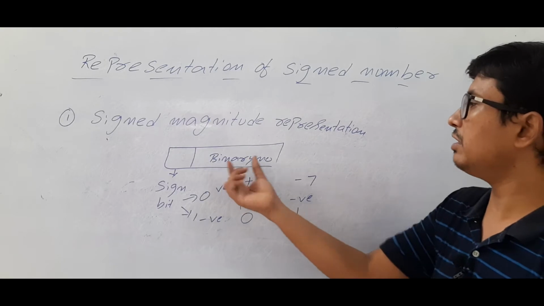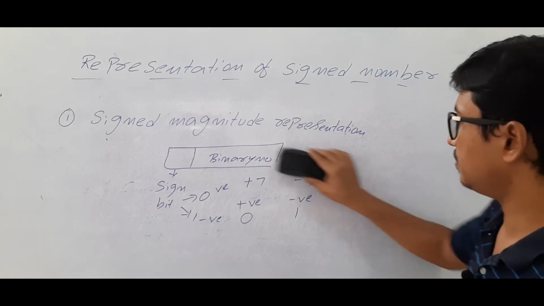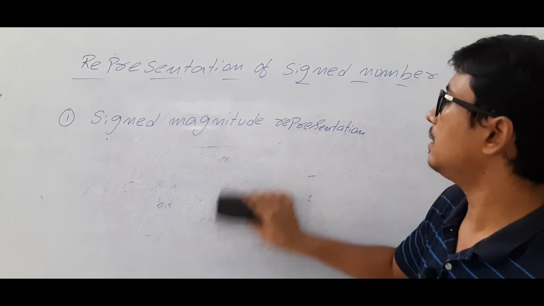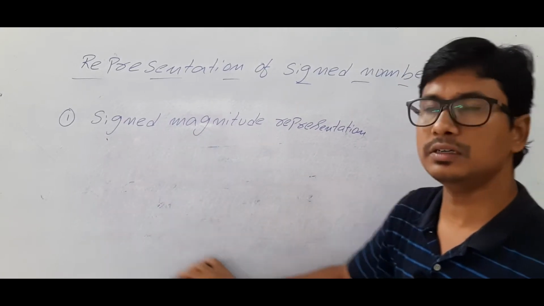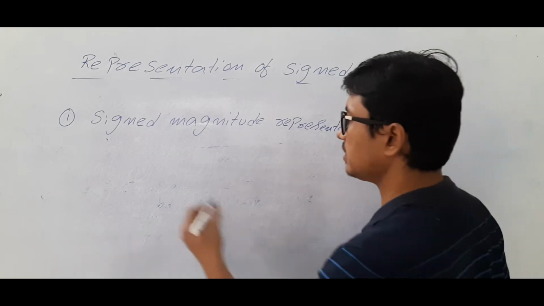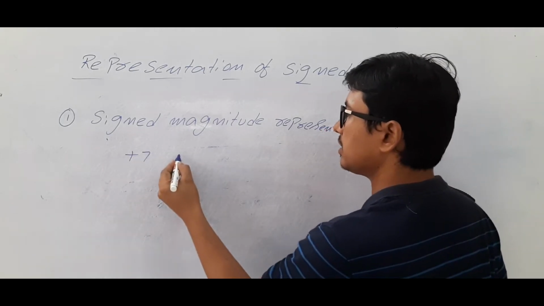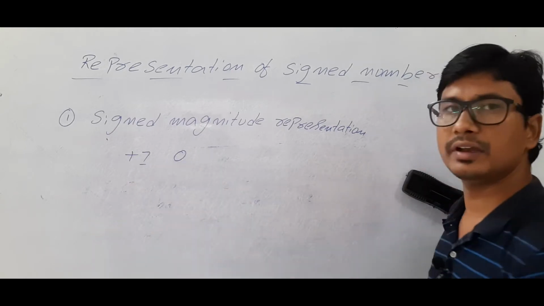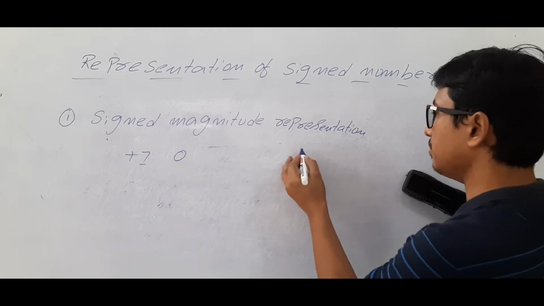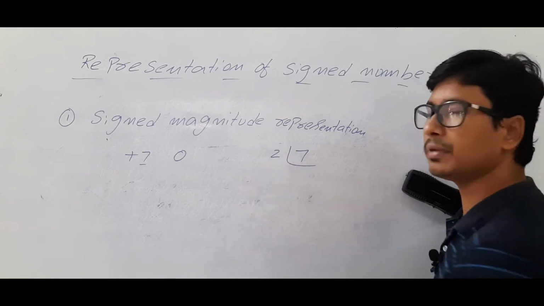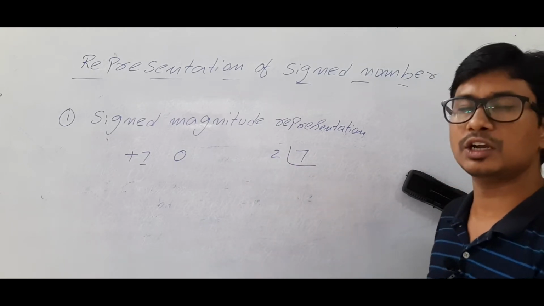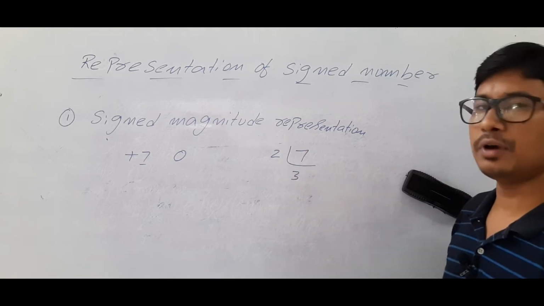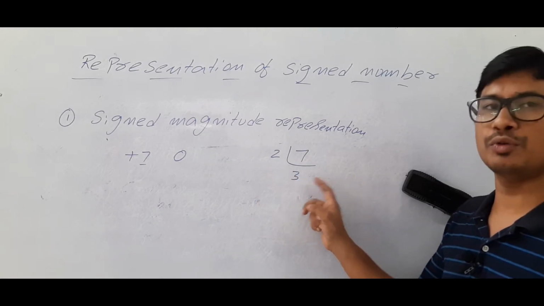Now we will discuss what this binary number is. First let me discuss how to represent a plus 7 using the sign magnitude representation. As it is a plus 7, the sign bit will be 0. Now I need to take the 7 and convert it into a binary number. I hope everyone knows how; if you do not know, please watch it. You divide 7 by 2, you get a quotient and a remainder.